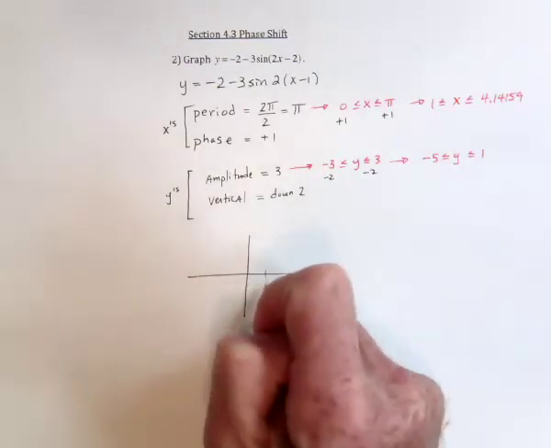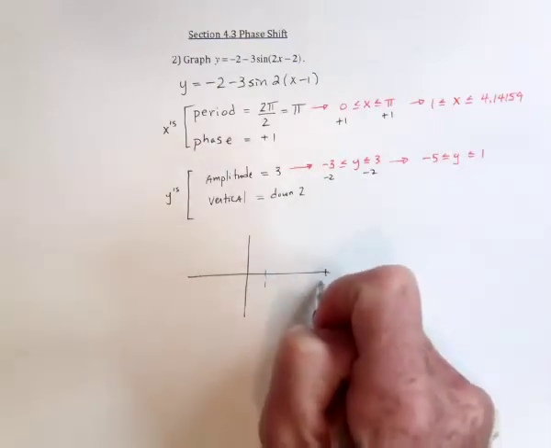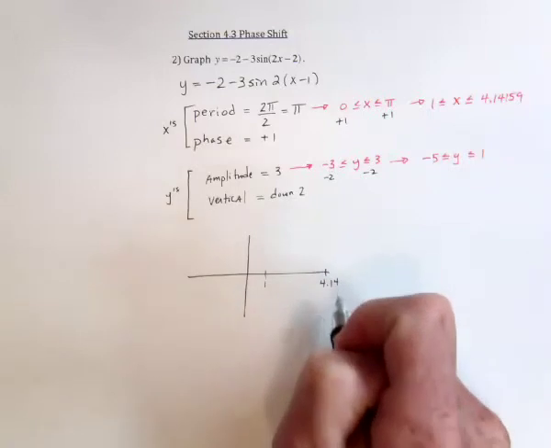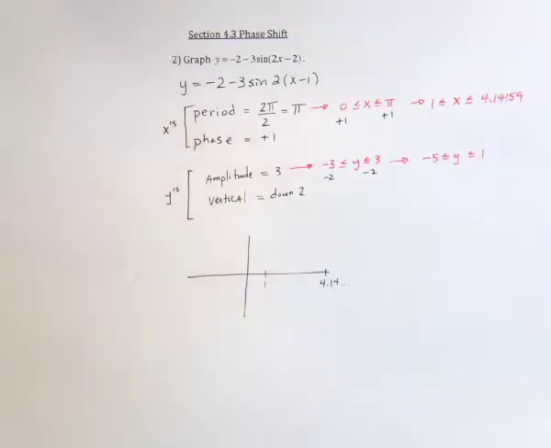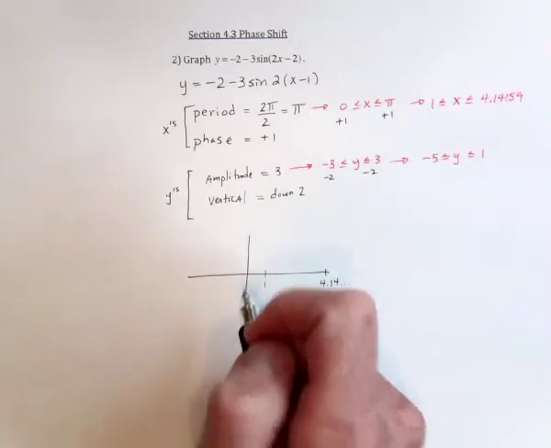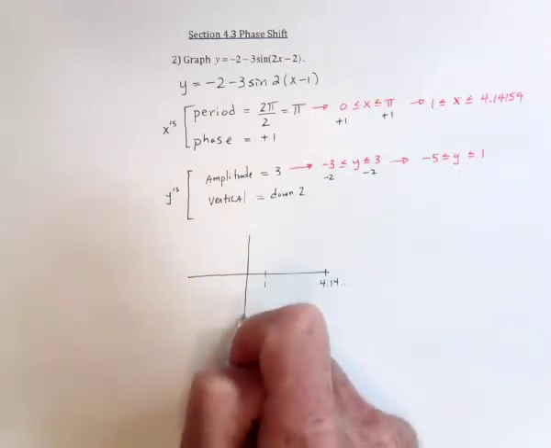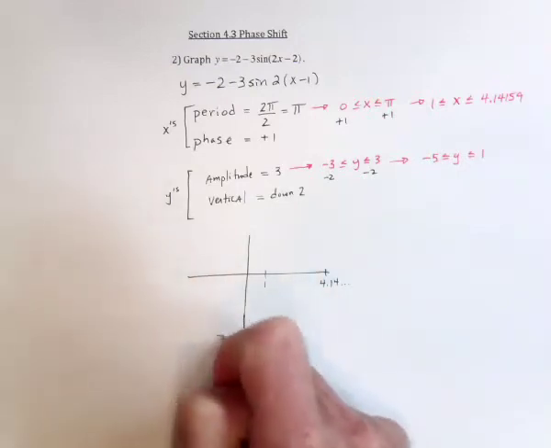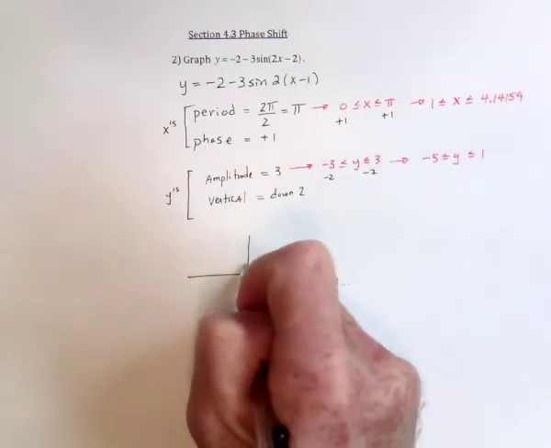So the x's are going to go from 1 to 4.14159, etc. And the y values are going to go from -5 to a +1.